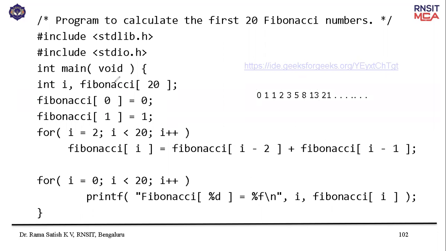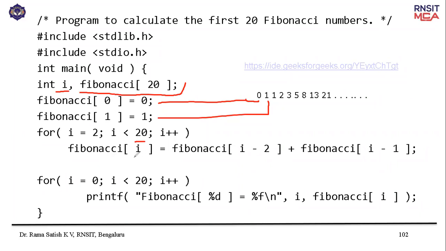What you are trying to do is create an array of Fibonacci of size 20, and i is an iterating variable in the for loop. You know the first element in the series is 0 and the second element is 1. Since we start from 0, the third element starts from index 2, so you write 2, and the loop goes up to 20.